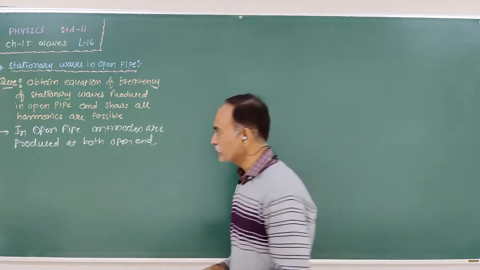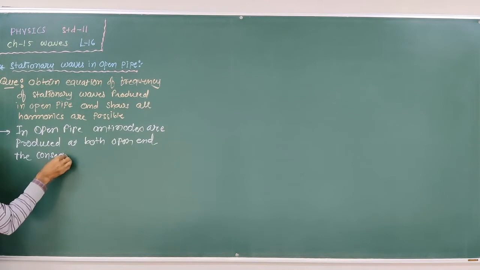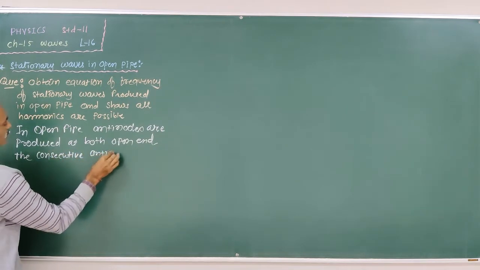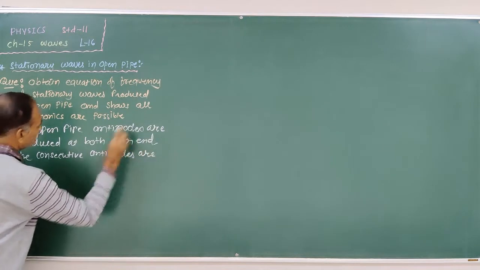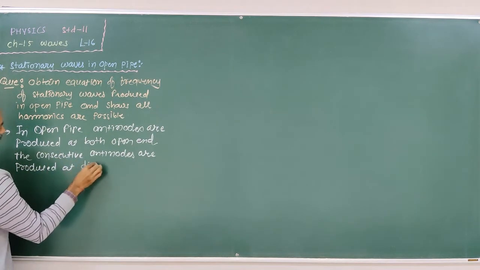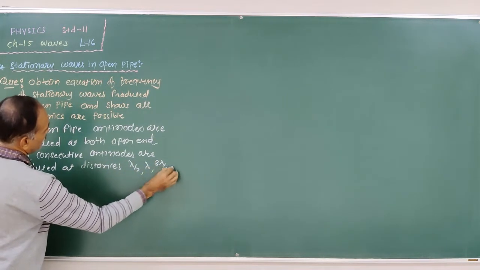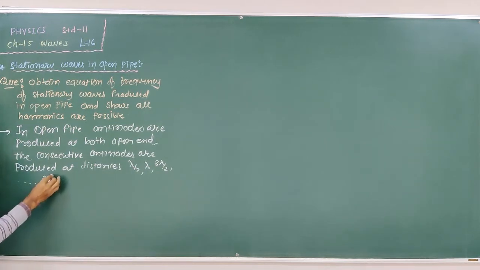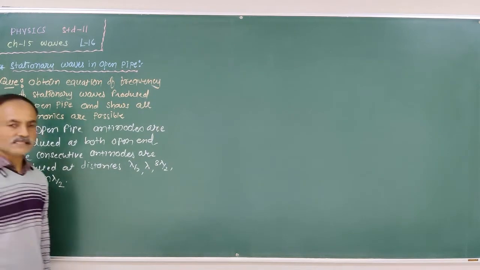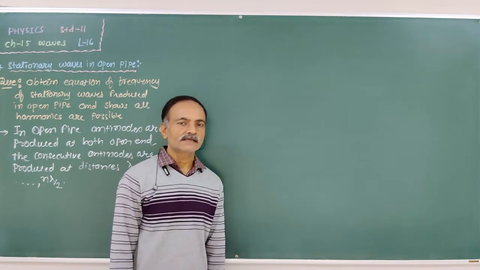Therefore, the antinodes produced in an open pipe are at distances lambda by 2, lambda, 3 lambda by 2, and so on, n lambda by 2.